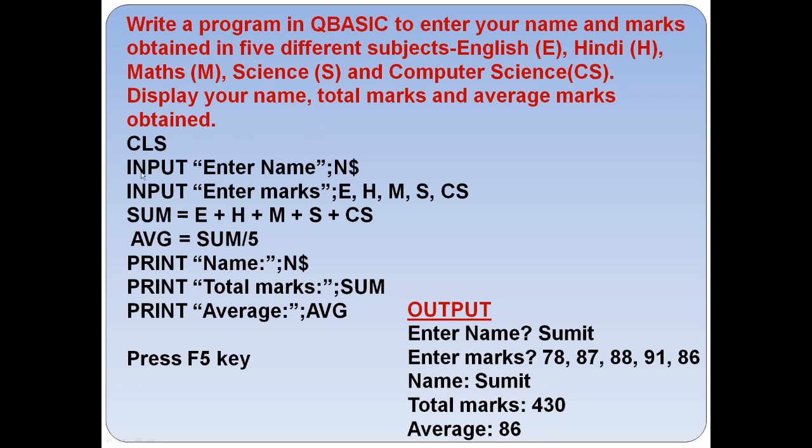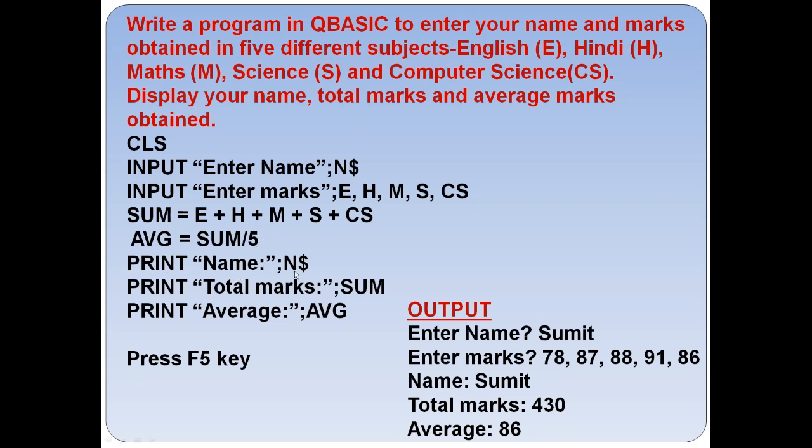First we will write CLS, then input name, enter name in the form of name$, input enter marks, E for English, H for Hindi, M for mathematics, S for science, CS for computer science. Then sum is equal to E plus H plus M plus S plus CS, the marks of these subjects. Then average is equal to sum divided by 5, because these are 5 subjects.